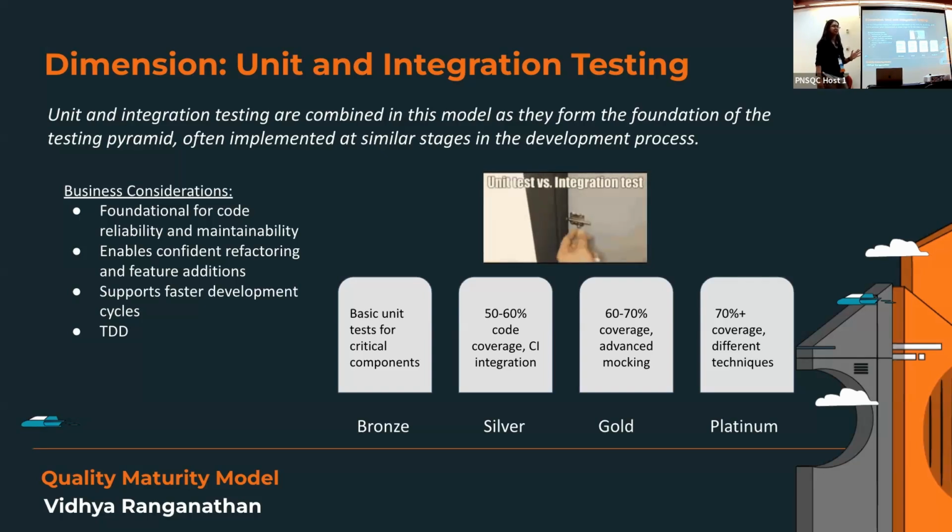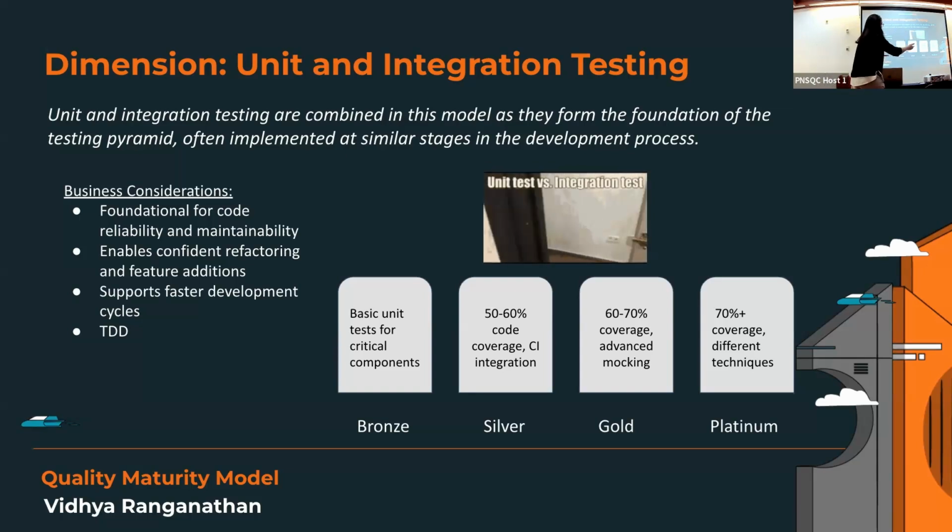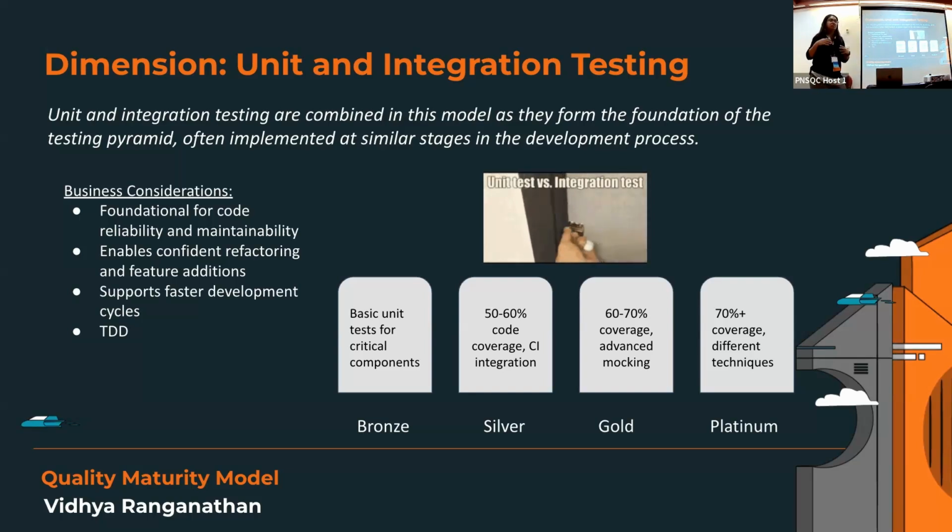There are tons of tools that do that for you. You need to know how much of your code is actually covered through your unit and integration tests. That's a basic measurement. I'm not saying 50 or 60 is good. I'm saying start measuring. And platinum says different techniques. Gold says advanced mocking. These are, again, subjective to your practices. You could use contract testing.